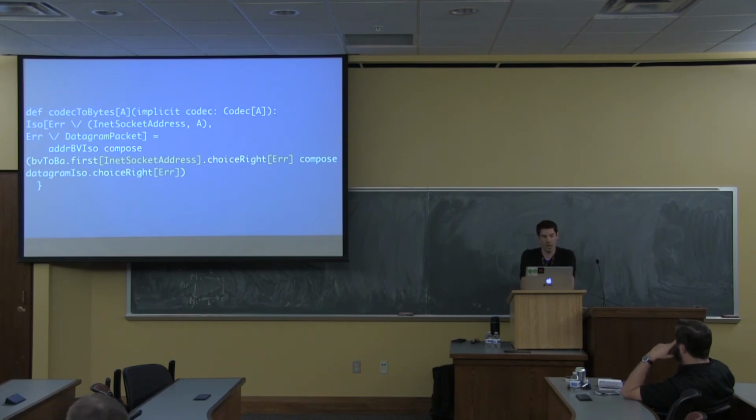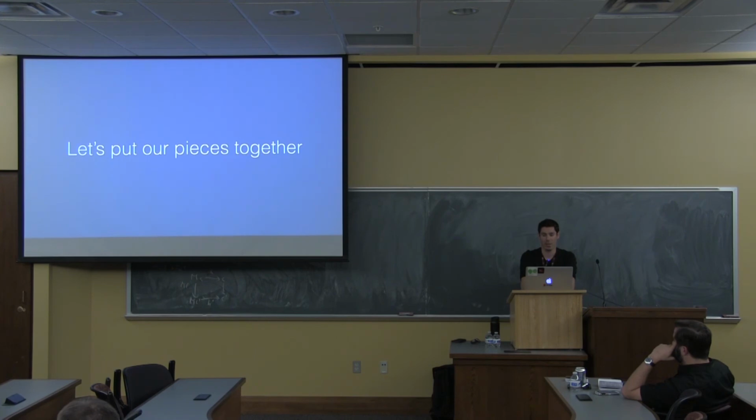It's not important to understand every single thing, but if you understand that we can shuttle through this tuple, like the InetSocketAddress, and we can make things that don't have the error go to an error, and then that fits in with the things that expect an error, we can just put everything together.